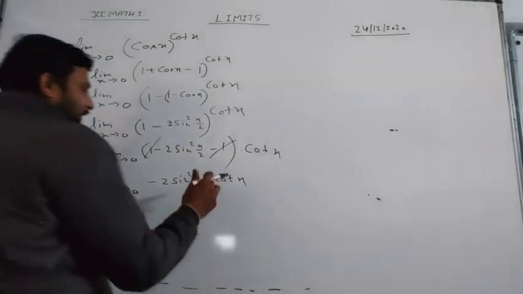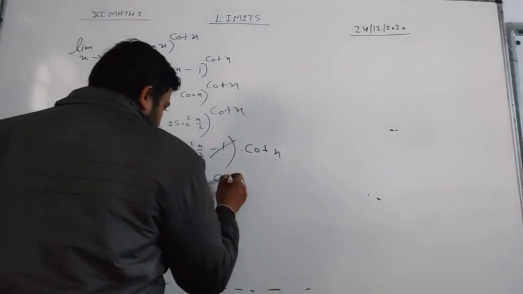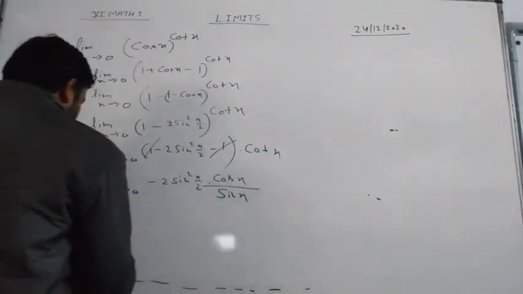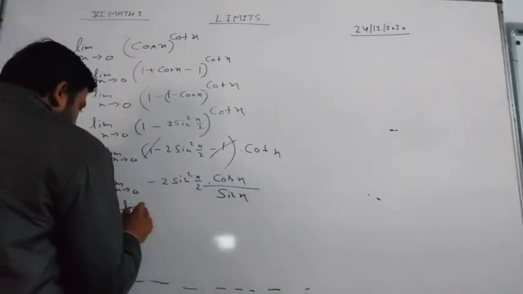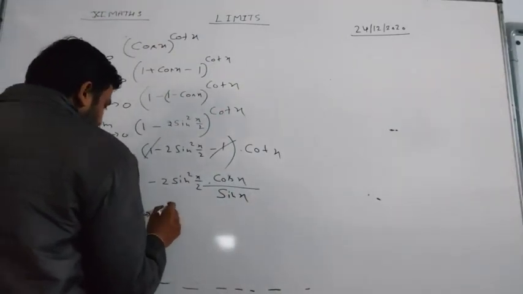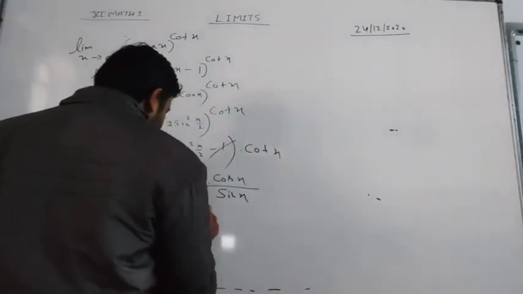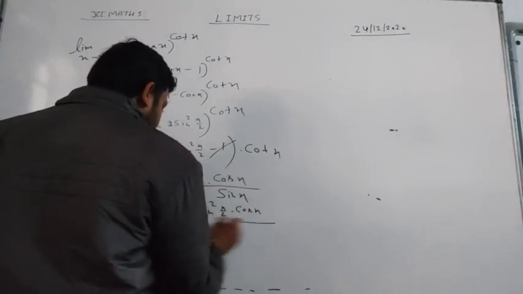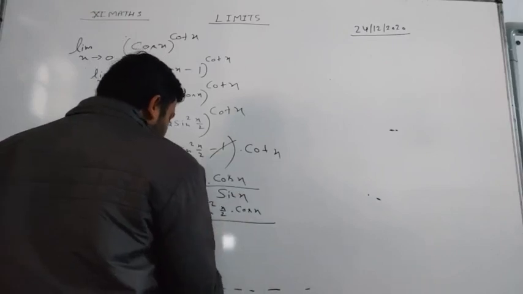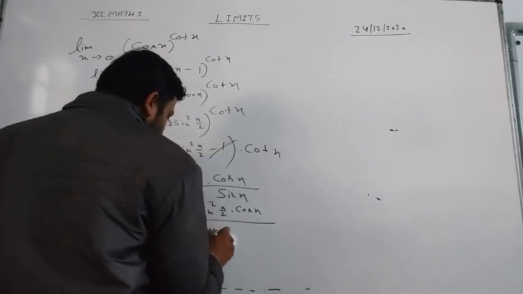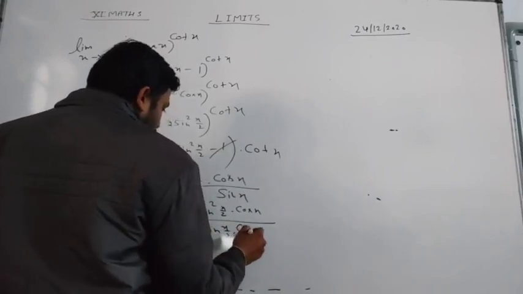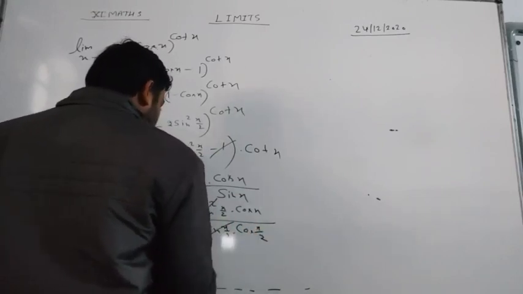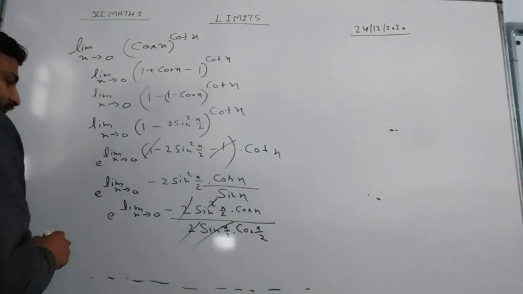Now this cot x we will write cos x by sin x, and e to the power limit x tends to 0, minus 2 sin square x by 2 into cos x by sin x, and sin x can be written as 2 sin x by 2 cos x by 2. This 2 and 2 cancel. This part is cancelled.